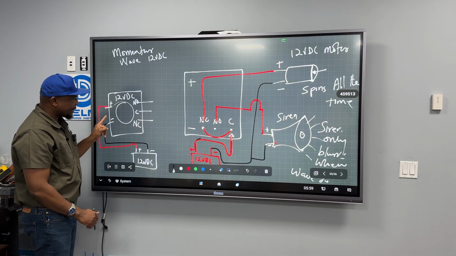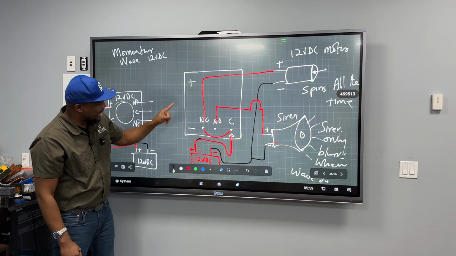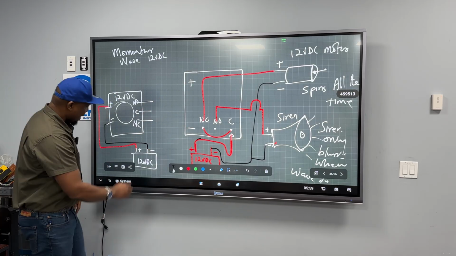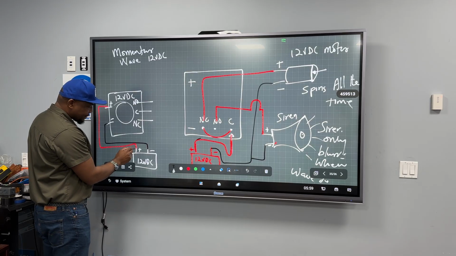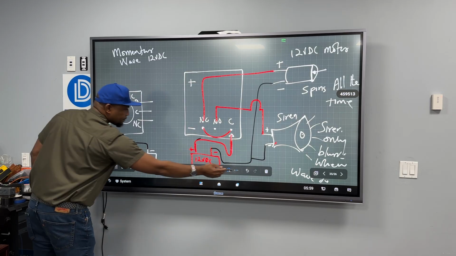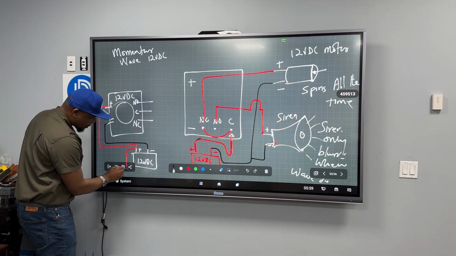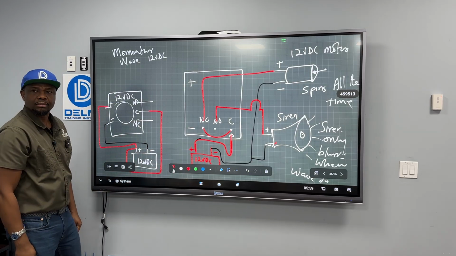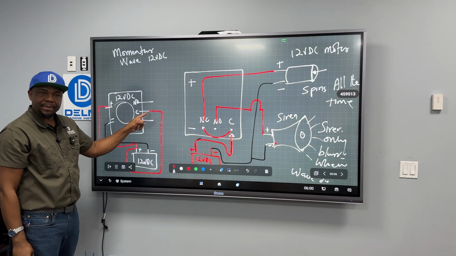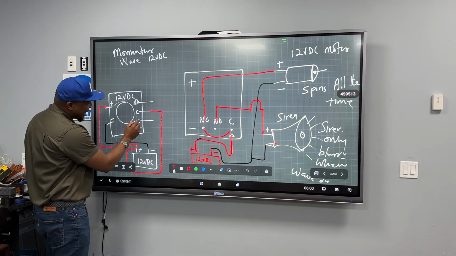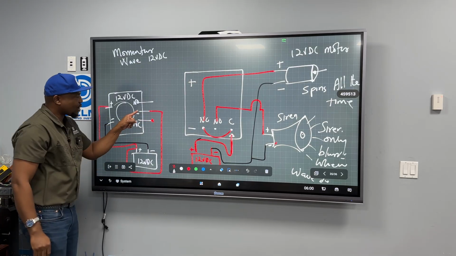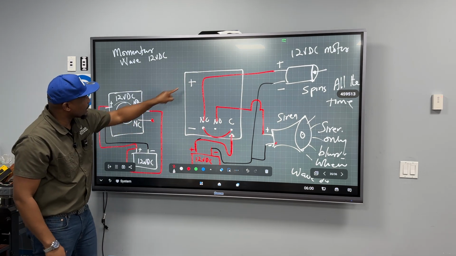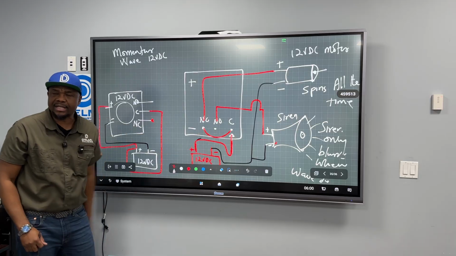At this point, because I need to bring 12 volts to this coil, I'm going to take the 12 volts from here and bring it to the common. And what is going to happen? This 12 volts is going to show its head here because common and normally closed are together. So if I connect this to that, right away this is going to be energized.